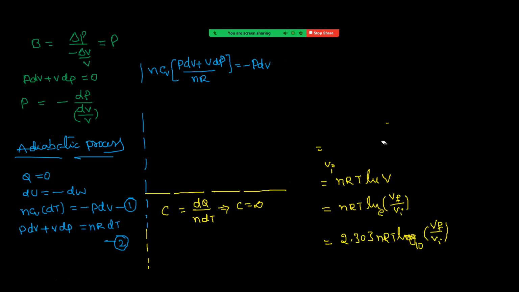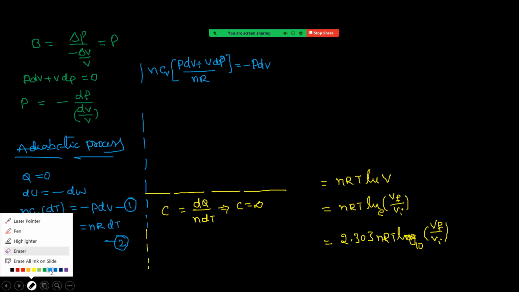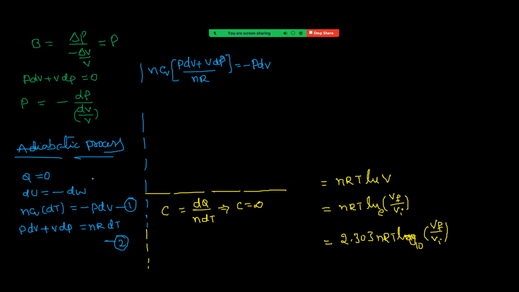Then see the remaining calculation part. Right, now we can simplify this. n gets cancelled. Remaining is, take minus P dV to the left side. See what we get here.